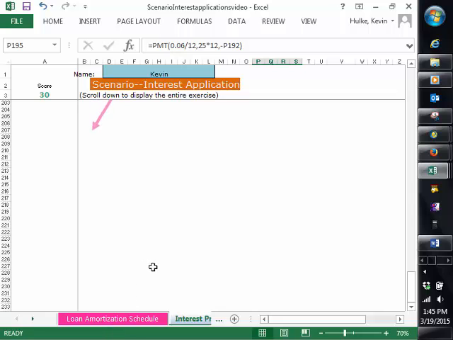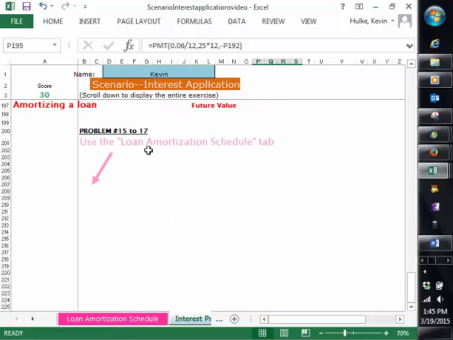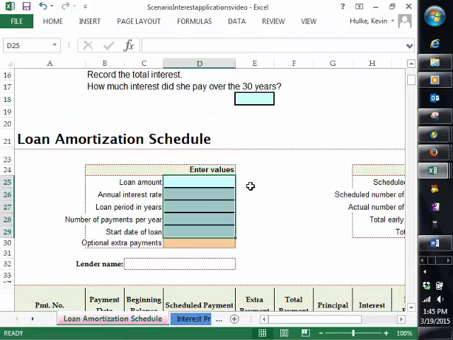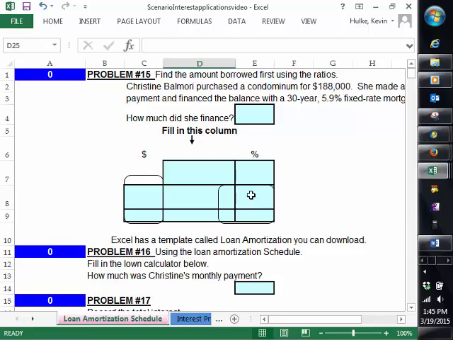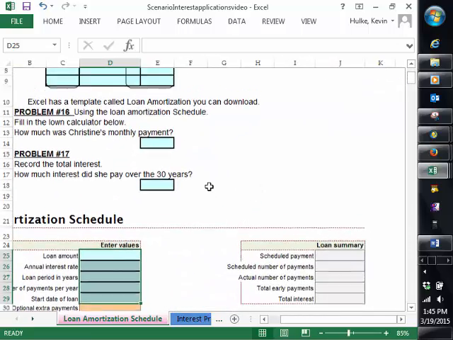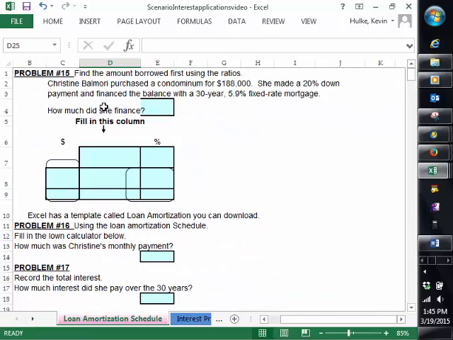Now, one more thing that we want to do is to use the loan amortization schedule to finish the last part. So we go to that and we look at the problems there. The first problem is Christina Balmori purchased a condominium for $188,000.